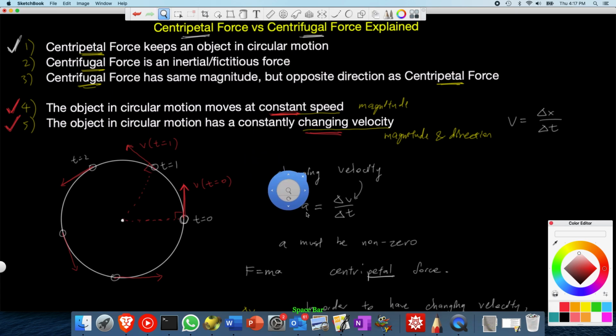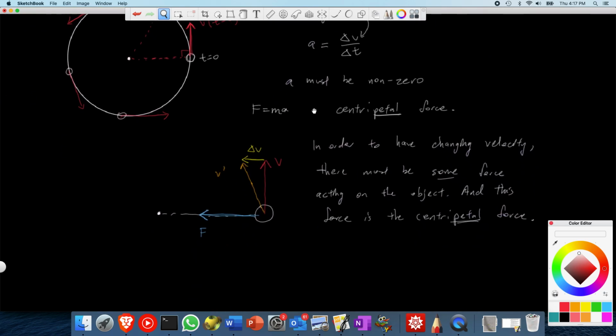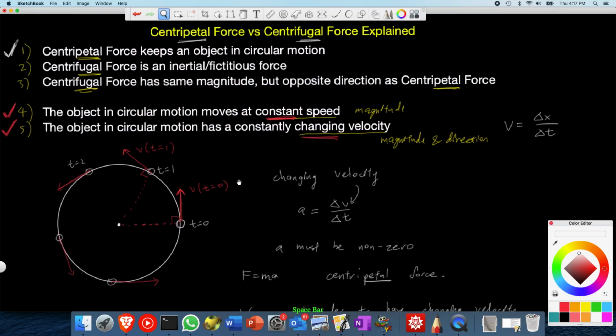And we can see this more clearly if we cut off that force. So if, let's say, while the object is traveling, I suddenly cut off this centripetal force, then there will be no change in velocity, and the resultant velocity would just be the red arrow over here, and the object would then travel in a straight line and hence not maintain its path of circular motion.